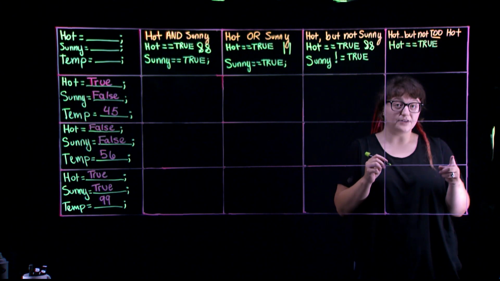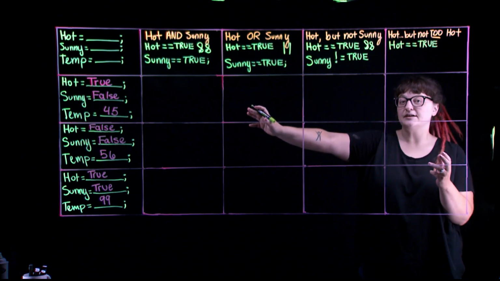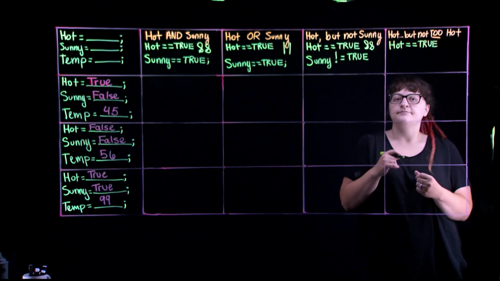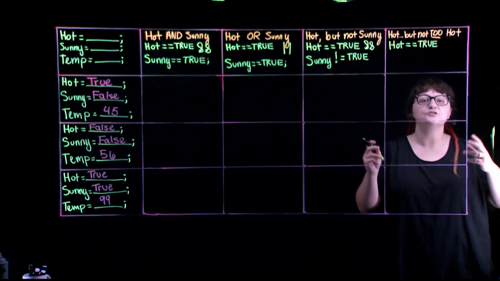We don't want it to be too hot, so we need to put a cap on the value of temp, because that's how we're going to measure how hot it is. So let's say that under 80 is going to be not too hot.